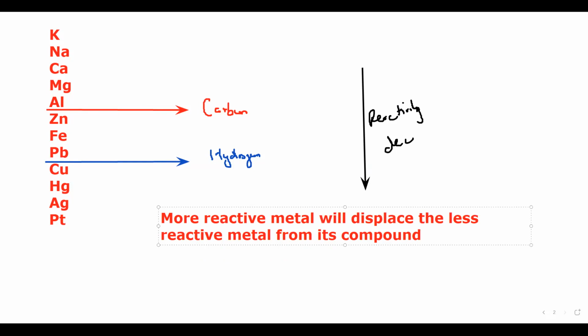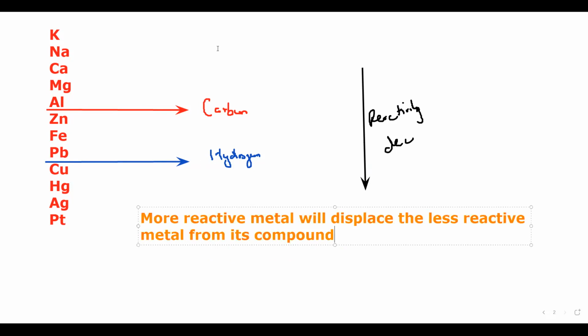So if I say I have magnesium oxide and I add calcium. We know calcium is more reactive. As we see in the reactivity series, calcium is above.